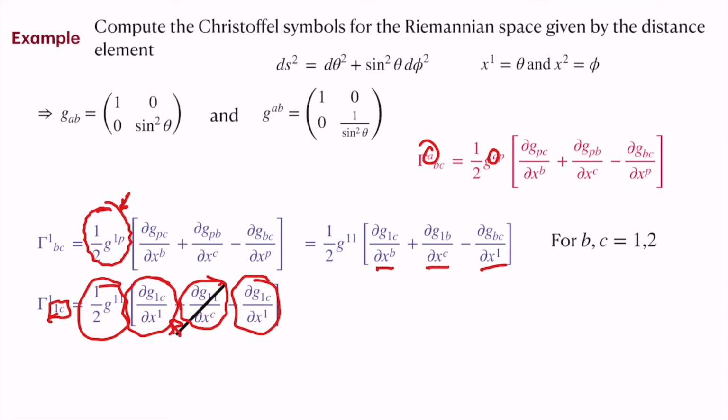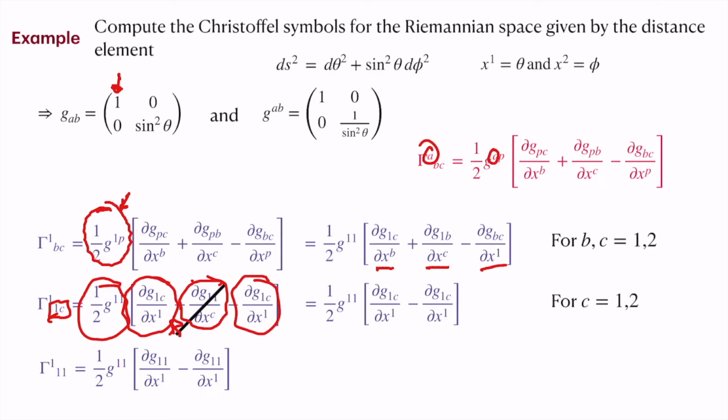Now we see that this term is unimportant because g11 is constant. So we can further simplify this and get only two terms. Now we can fix C to be 1, because otherwise the metric component doesn't depend on phi. So this is the only one resulting, and that is equal to 0.